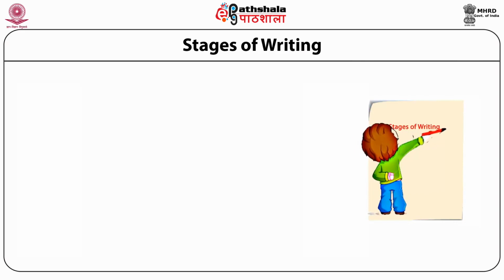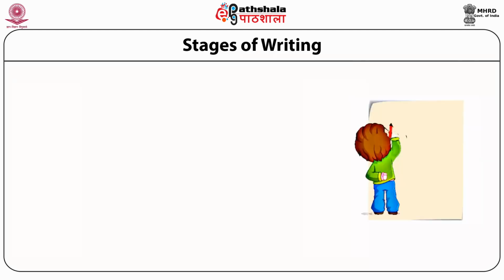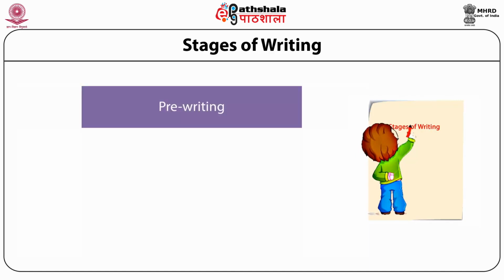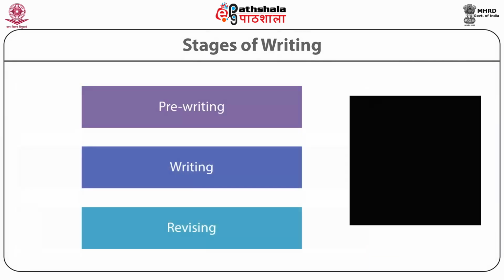Irrespective of its form, all the business messages are created by following certain steps. These are known as stages of the writing process. A written message can broadly be divided into three stages, namely pre-writing, writing, and revising.